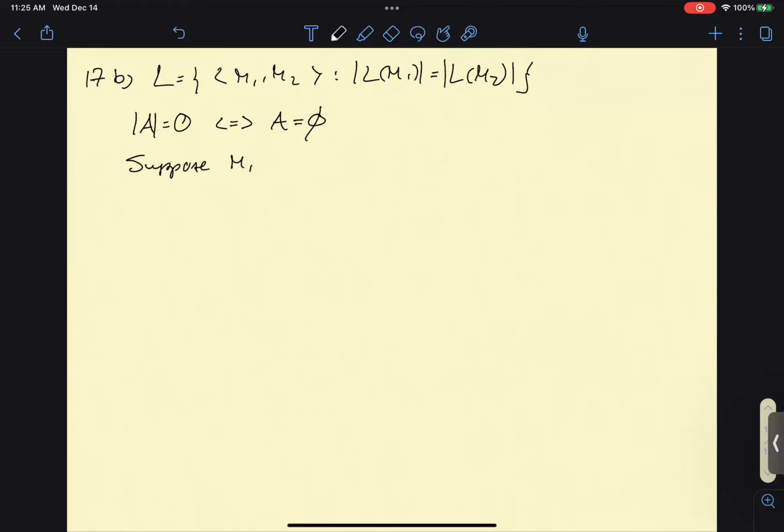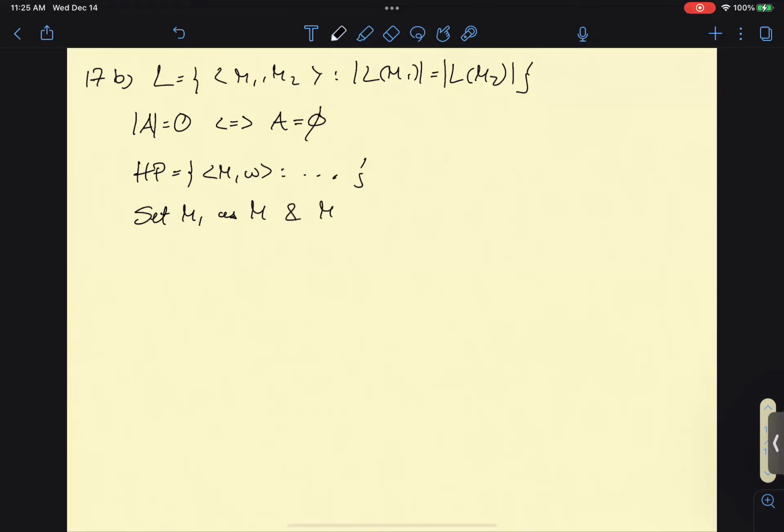M1, so now suppose we have the halting problem. MW such that blah, blah, blah. Okay. And now what we can do is set M1 as W as M and M2 as the non-accepting machine.